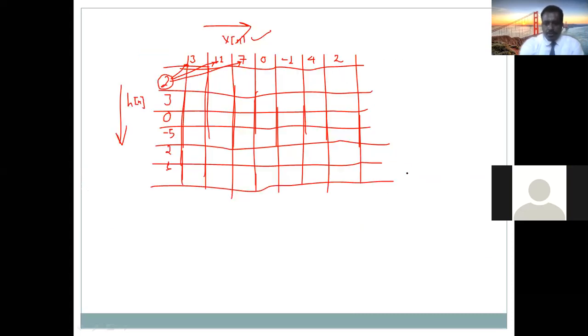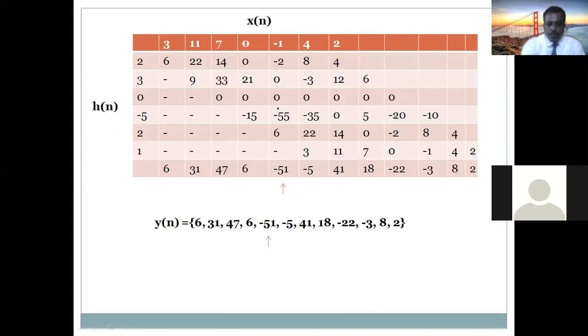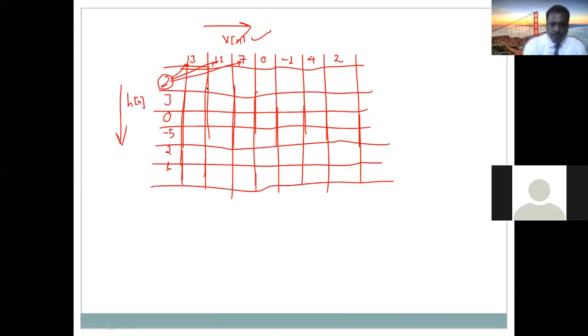Okay, so when you see here, 2 times 3, we write 6. 2 times 11, 22, right? 2 times 7, 14. 2 times 0, 0. 2 times minus 1, minus 2. Here it is 8. Here it is 4. Next, you jump by 1.